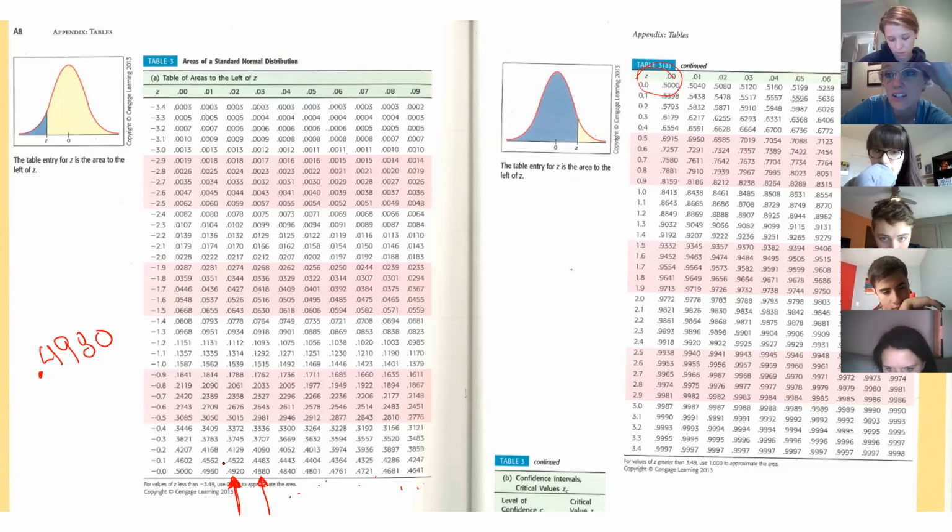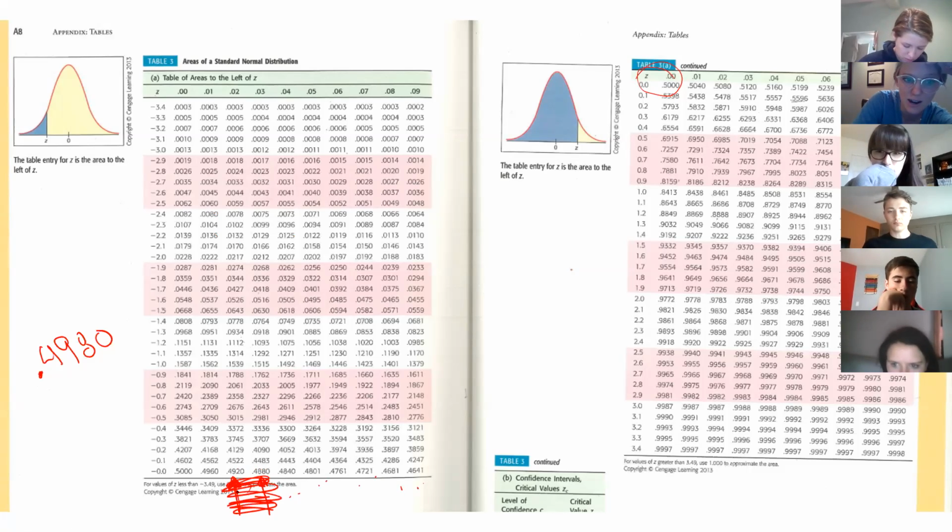Oh wait, dang it. No, we have literally 49. I'm sorry. Anybody else catching this, that it should be between here and here? Oh no, this is a bust.